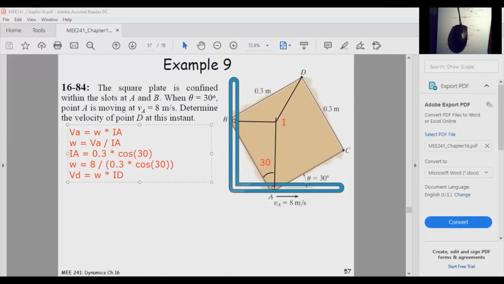So now I need to know the length of ID. How do I know the length of ID? I need to basically look at the geometry of this, right? And one way we can do is basically we can have a frame here at the bottom, right? I'm going to call this point O, and this could be my X and then Y frame.